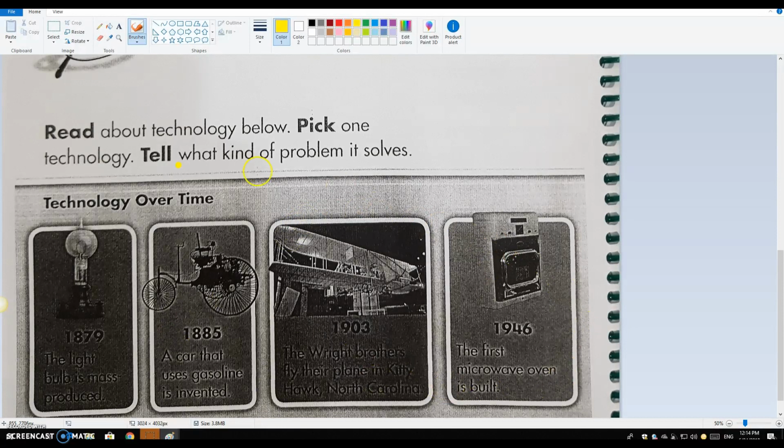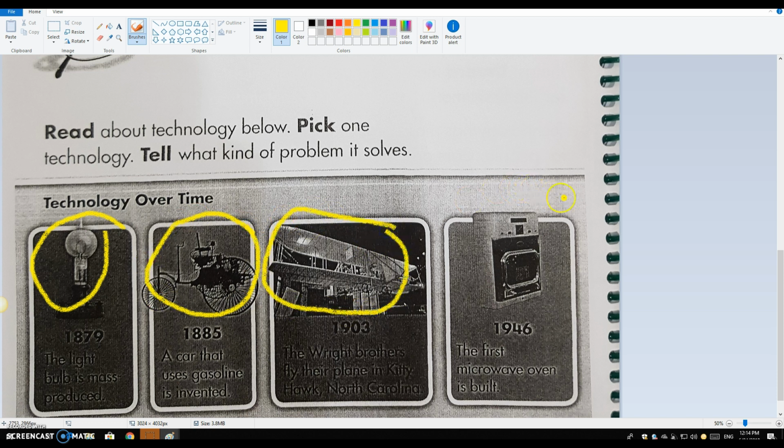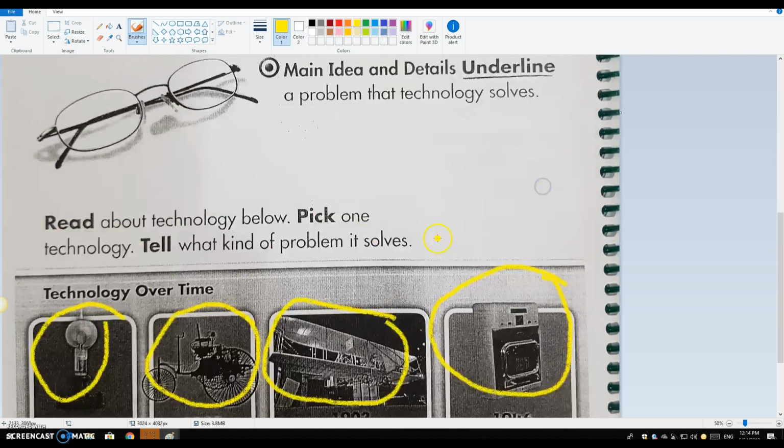It says, underline a problem that technology solves. Okay, so we won't do that just because we don't have time, but here's different examples of technology that changed the world. The light bulb, the car, the airplane, the microwave. This is all stuff we use today. It's all stuff that's been around ever since I was born.